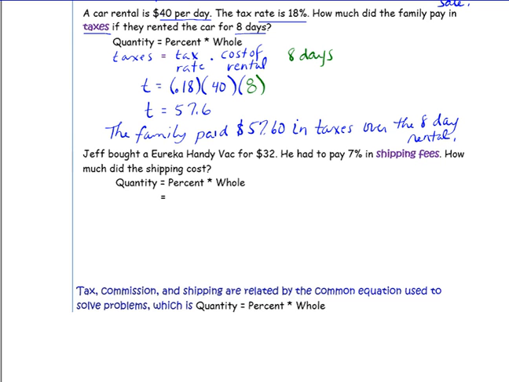So our quantity is going to be our shipping cost. And our percent is the shipping rate, which is 7%. And our whole is the cost of the item.